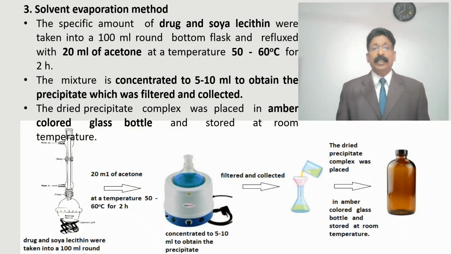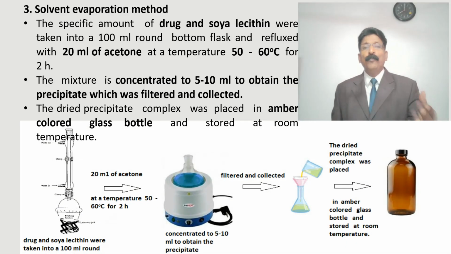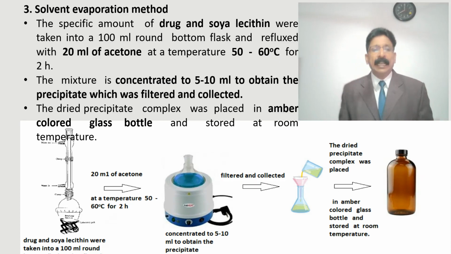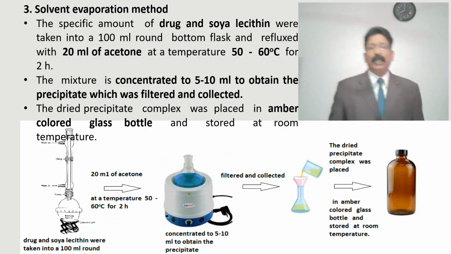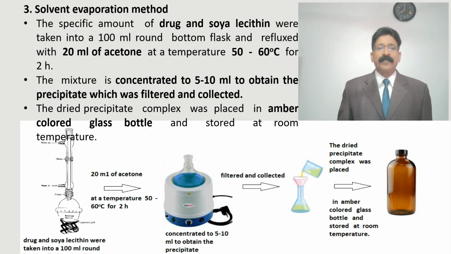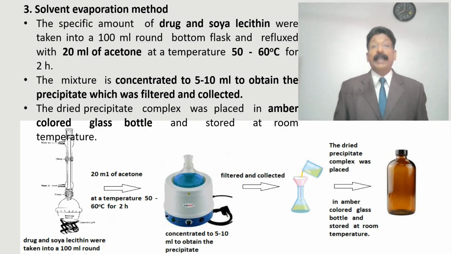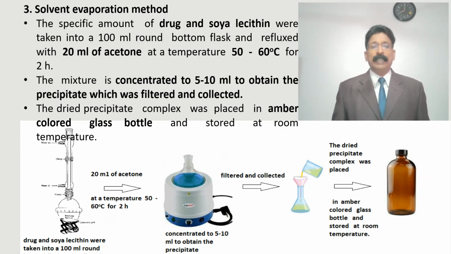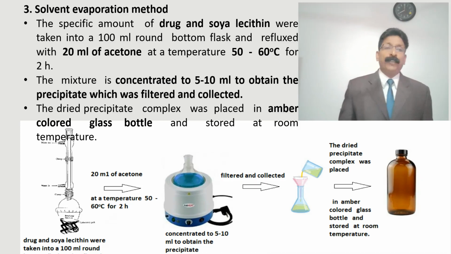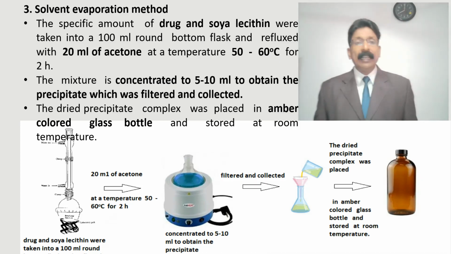You can see the picture of how we did it, with the drug and soya lecithin taken in a 100 ml round bottom flask with a reflux. You can see in the picture the reflux where I have kept the condenser, which will not let the solvent evaporate and get outside. It will be condensed. 20 ml of acetone is added at a temperature of 50 to 60 degrees centigrade for 2 hours.